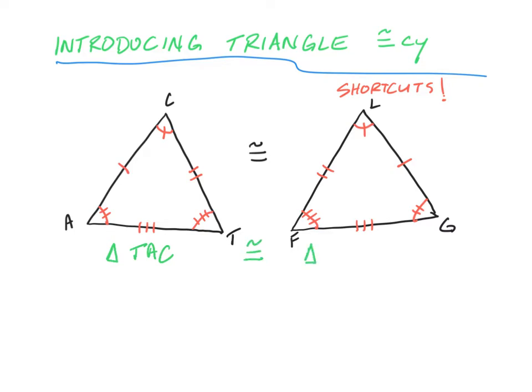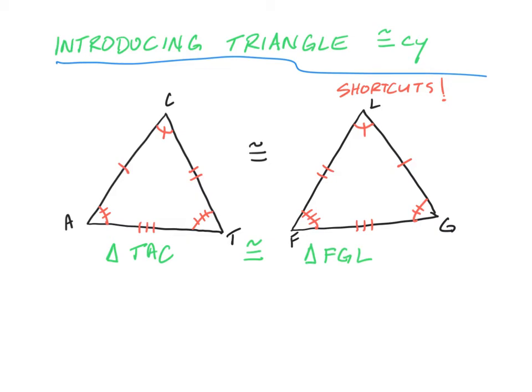So if we're starting at T, we want to start with the corresponding side, which is F, and then A corresponds with G, and C corresponds with L. So notice how I went in the order here, T, A, C, and I wanted to go in the same corresponding order over here, F, G, L. So we have triangle TAC is congruent to triangle FGL.